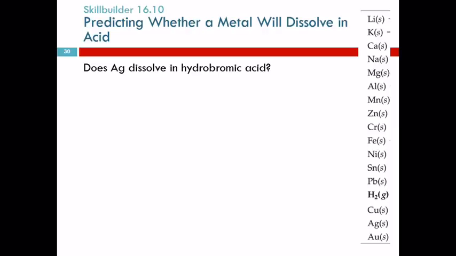So, does silver dissolve in hydrobromic acid? We don't need to even know that it's hydrobromic acid, just acid. Where is silver? Silver's down here, and hydrogen's up here. Hydrogen wins. If we were going to write this reaction, we'd have silver plus hydrogen ion going to silver ion plus hydrogen.